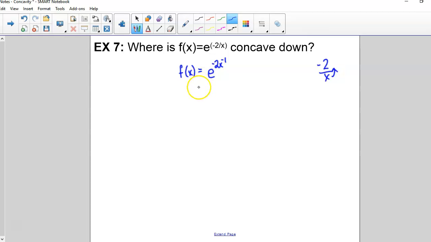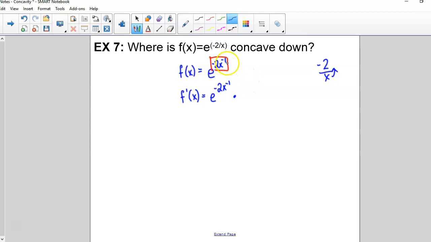If we take the derivative of e to something, it is just e to that power. So we've got e to the negative 2x to the negative 1. But then we must multiply by the derivative of that inside part, which is what you've got right up here.